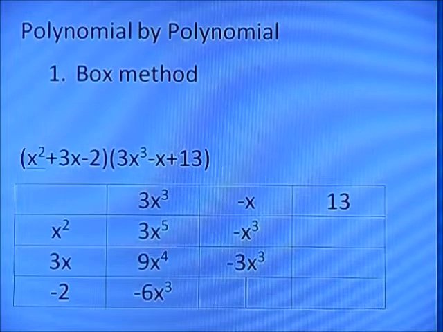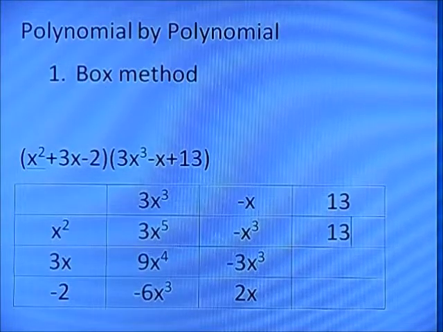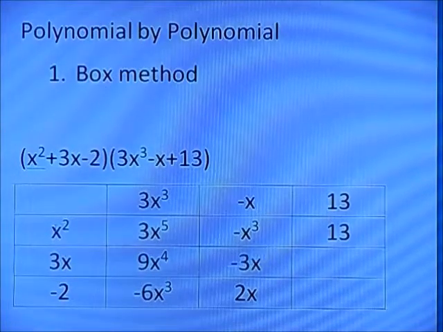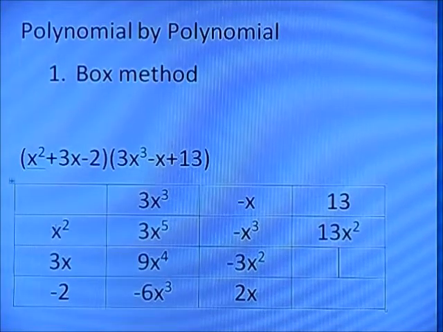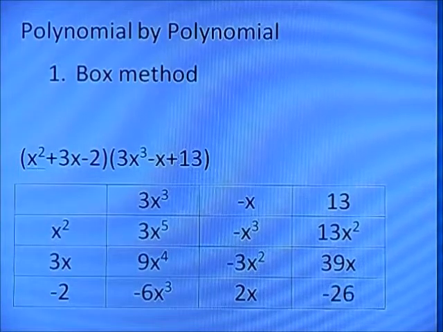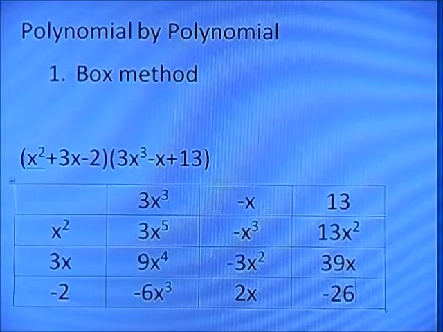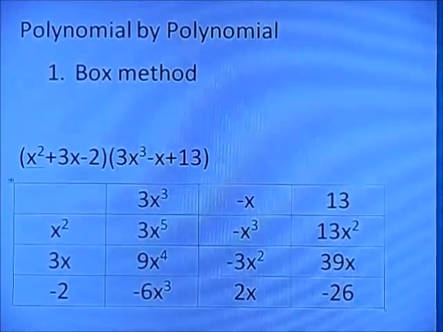There you go. Now this one, 13, and this isn't supposed to be cubed, it's supposed to be squared. 13x squared times 39x minus 26. Alright. So now that we got that, I'm gonna do all the grunt work for you guys.